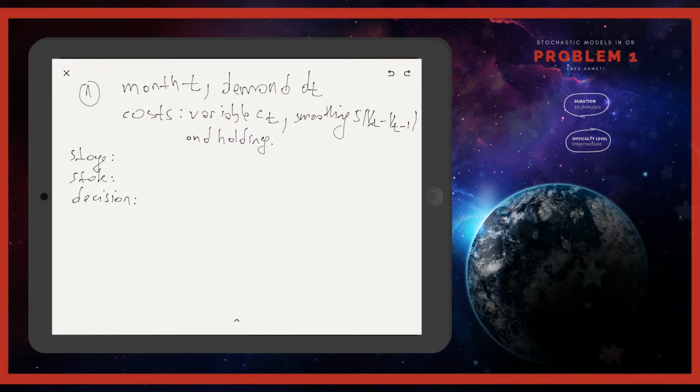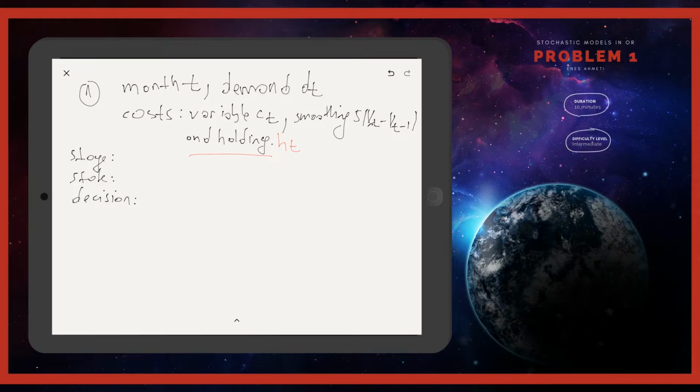a cost. Then we have a smoothing cost. Basically, you can think of it as the company wanting to have pretty much the same level of production, so they don't want to change too much in the factory. So this is to keep things balanced within the company. And we have an HT holding cost.